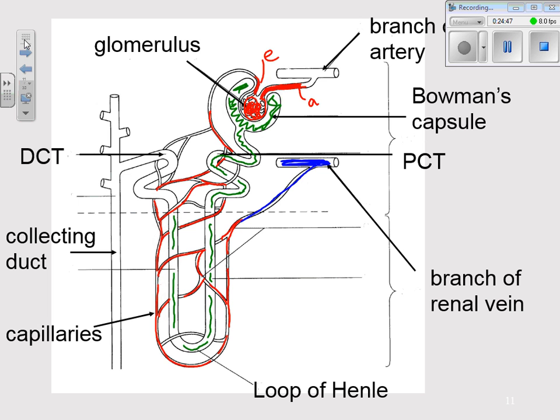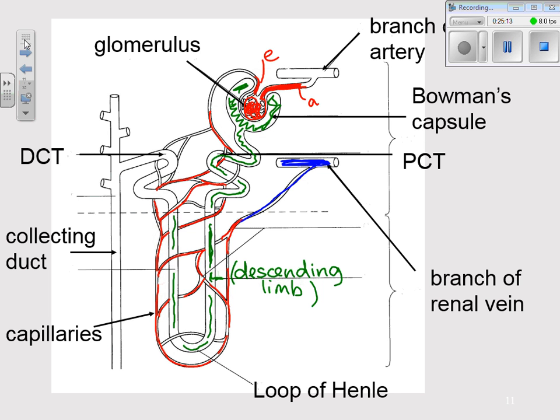This, where you go from Bowman's capsule through the PCT, the proximal convoluted tubule, down this side, there is a label line that I could use here. That first part, you don't need to put the label on at this point because we will come back to it, but it's known as the descending limb of the loop.